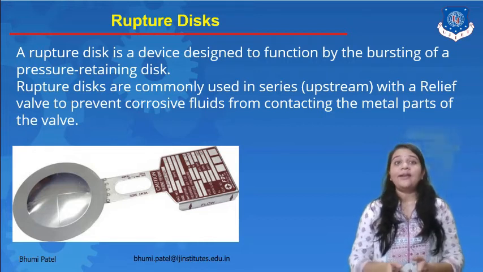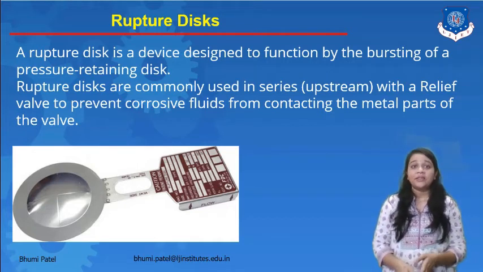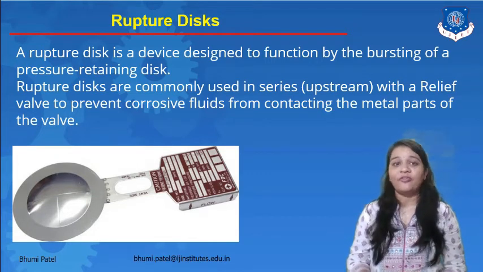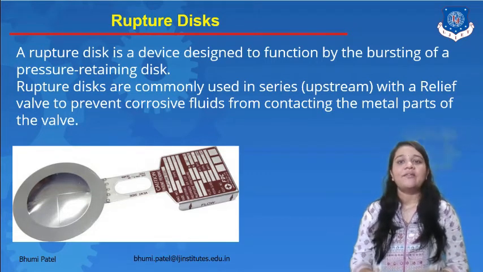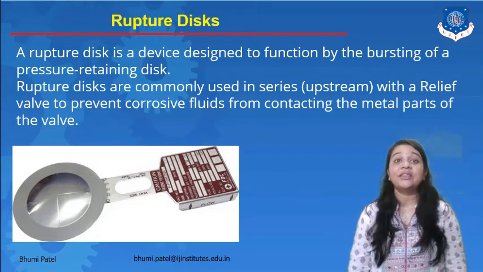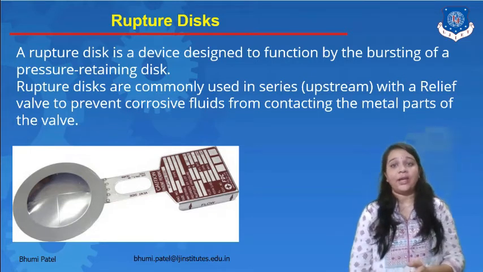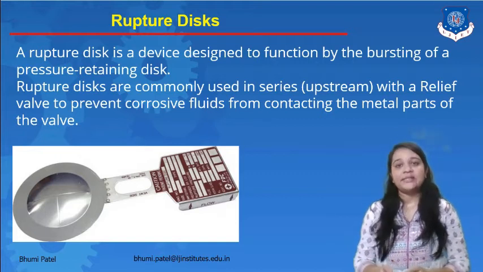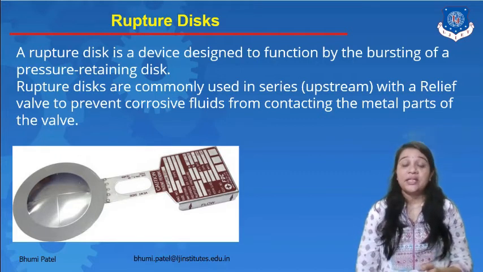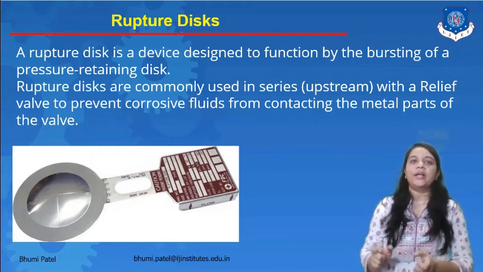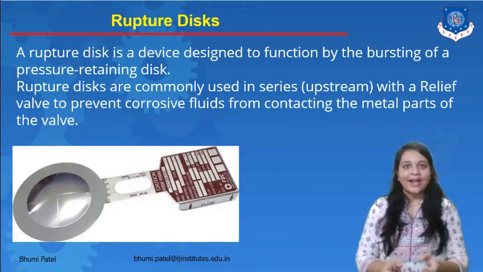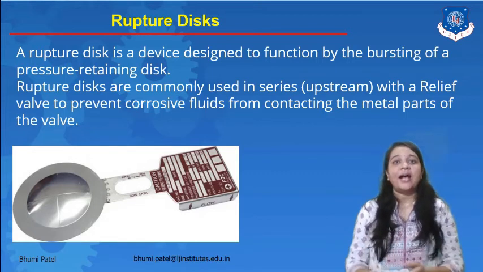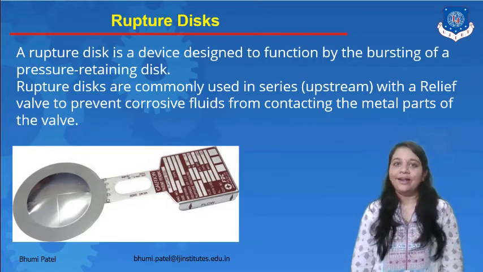Rupture discs are used where instantaneous and full opening of the pressure relief is required. These devices are also utilized where there is a zero-leak requirement for the relief device. These devices are used in series with a quick opening valve. So whenever the valve characteristic is quick opening, we can connect a rupture disc.